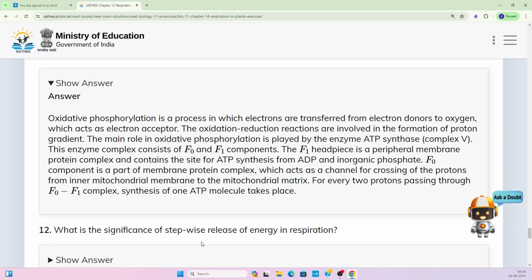For every two protons passing through the F0 and F1 complex, there is a synthesis of 1 ATP molecule, right?